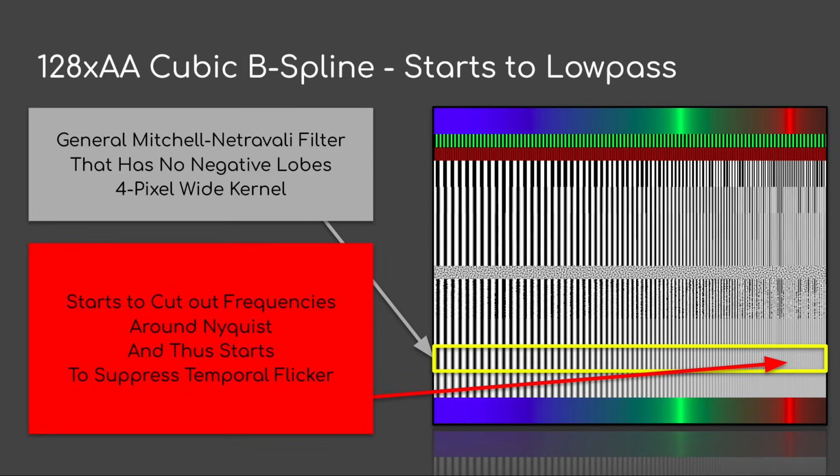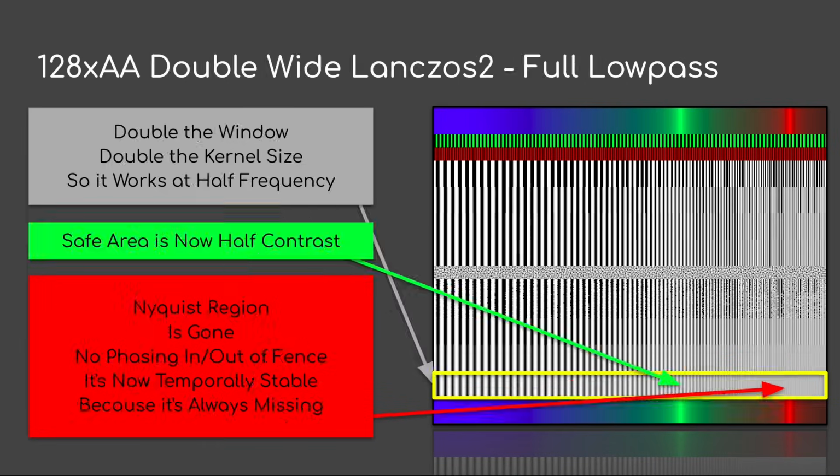Another option is we start to move to filters that do some amount of low pass behavior. In this case, we have a 128x AA cubic B-spline. This one has no negative lobes. It's a 4 pixel wide kernel, and it is starting to cut out the frequencies around Nyquist. And therefore, it starts to suppress the temporal flicker. This last row is doing a 128x AA double wide Lanczos 2.